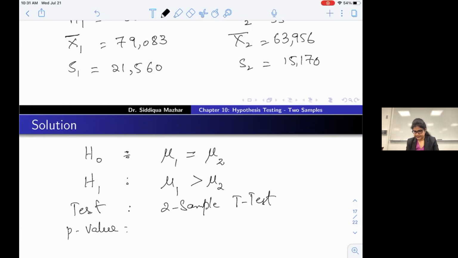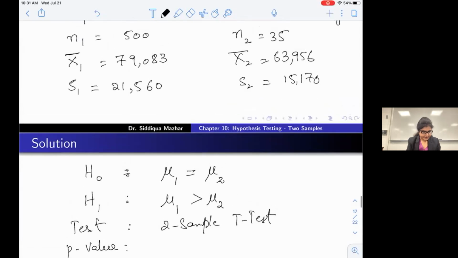Go to stat again. x1 is 79083, s1 is 21,560, n1 is 500 professors. So this is the information.